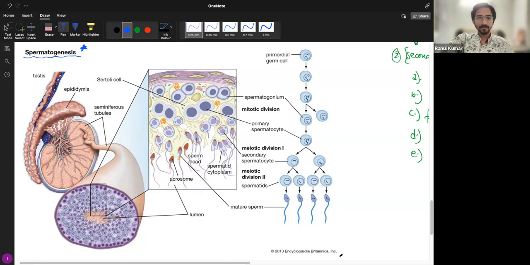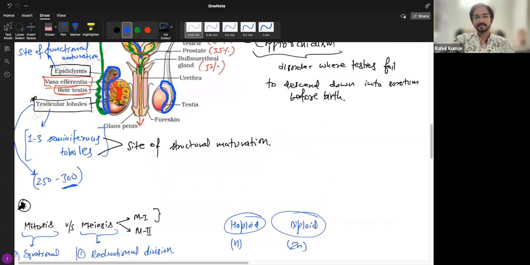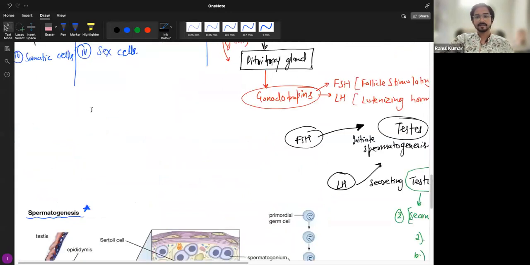Can you tell me what this is then? If you have understood from the previous class, when all these seminiferous tubules come and form a network-like structure, what do we call that part? Remember, I told you, we call it rete testis, right?